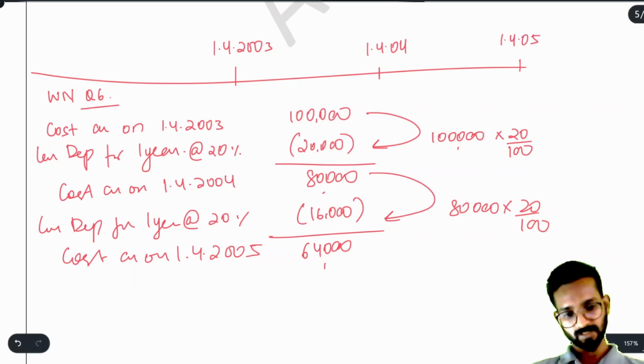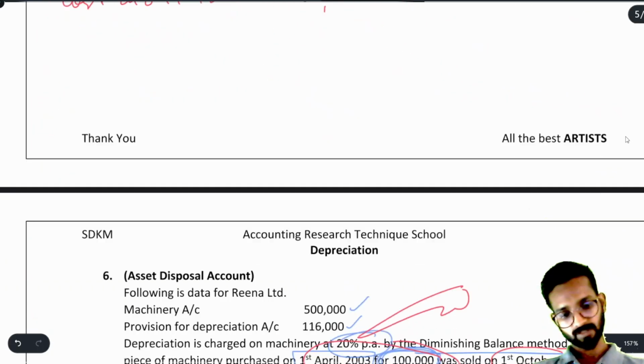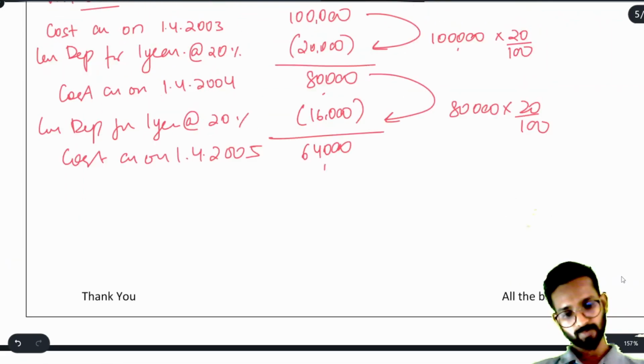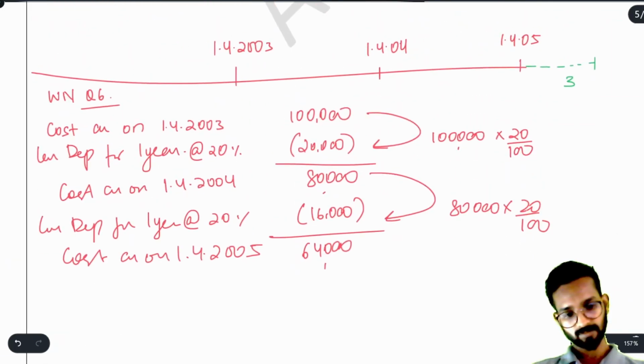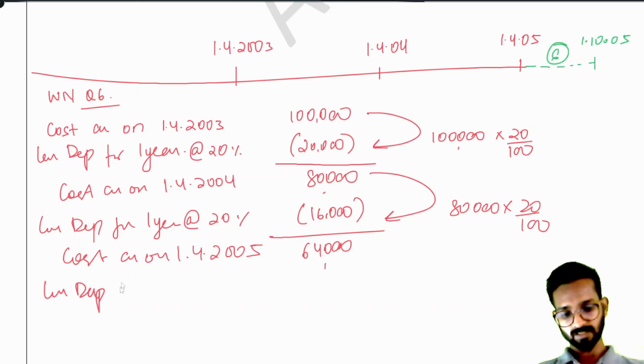Then after 6 months, 31st October, 30th September or 1st October? 1st October 2005. It means only 6 months are there. So now what depreciation will you be charging here? Less depreciation for 6 months at 20%.